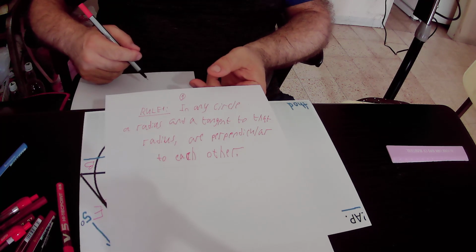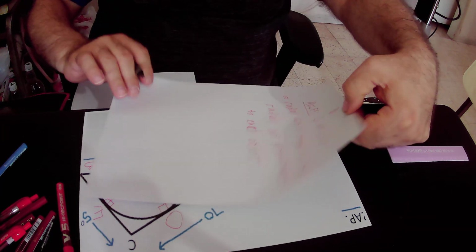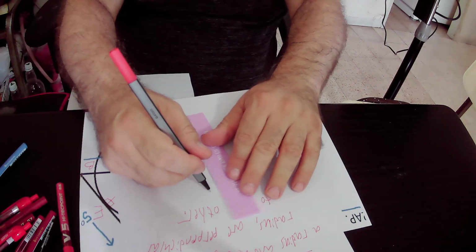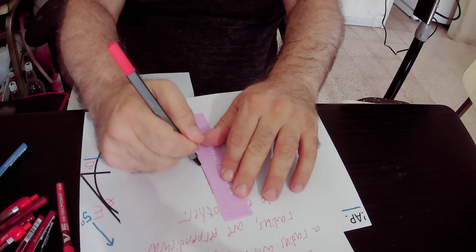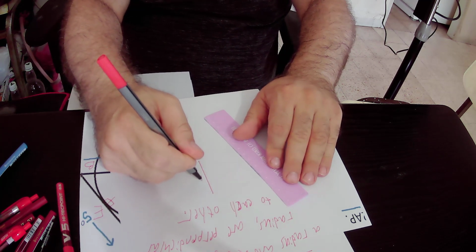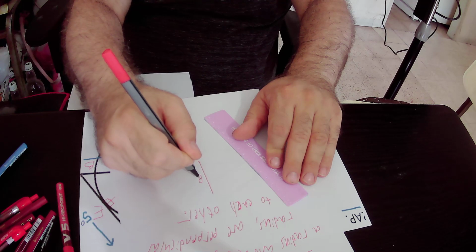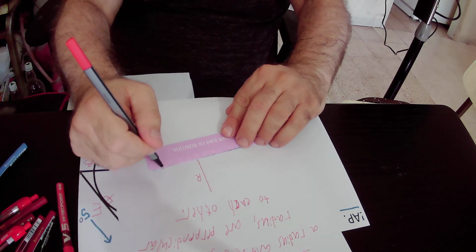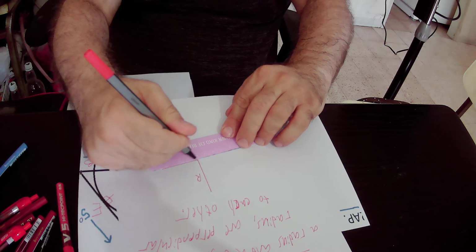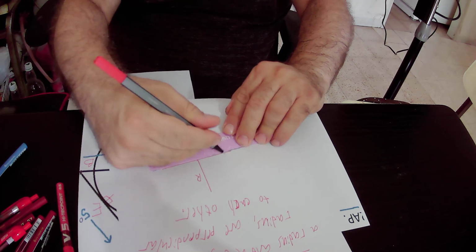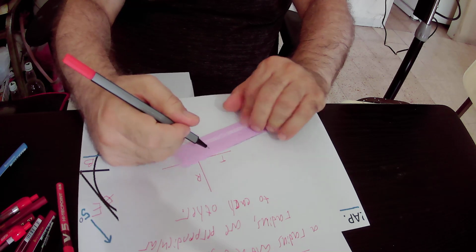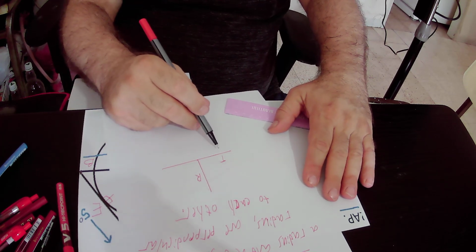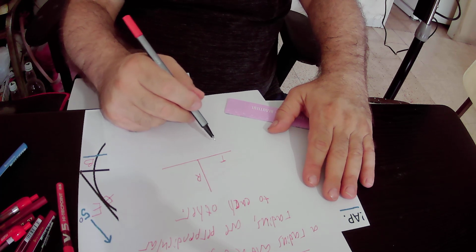So actually, if we have here a radius, I will call it R, and we have a tangent to that radius, I will call it T, then the radius and the tangent are perpendicular to each other.